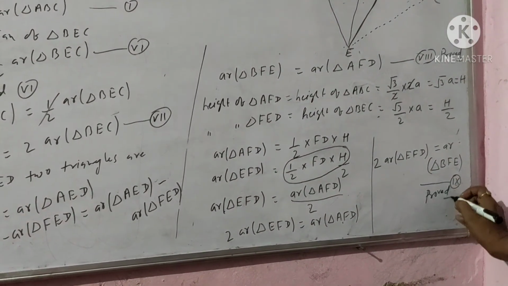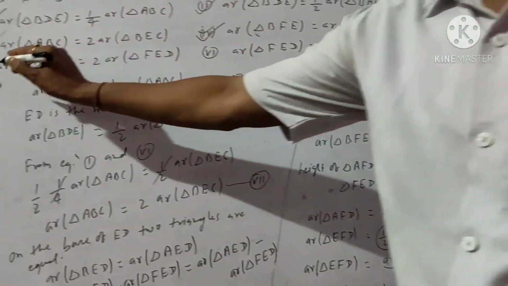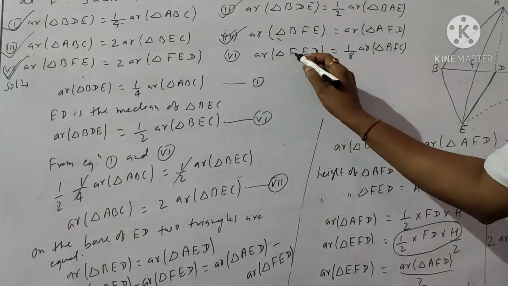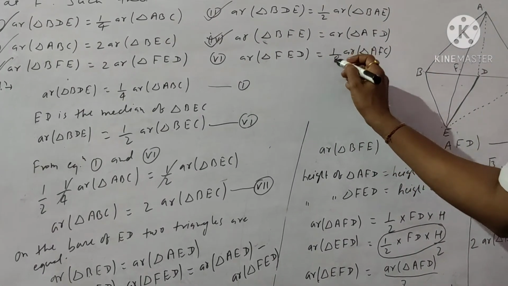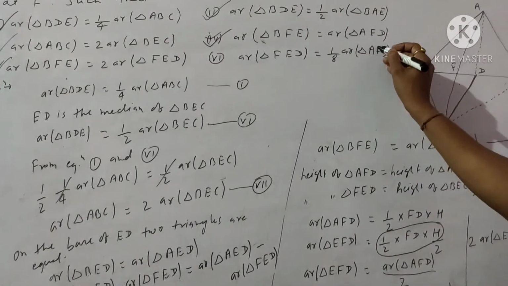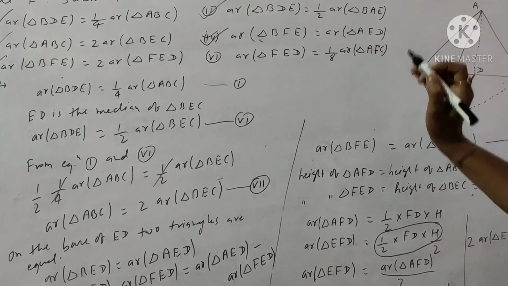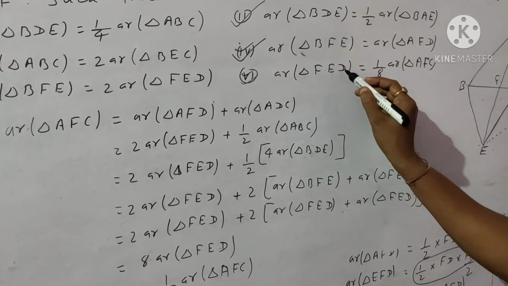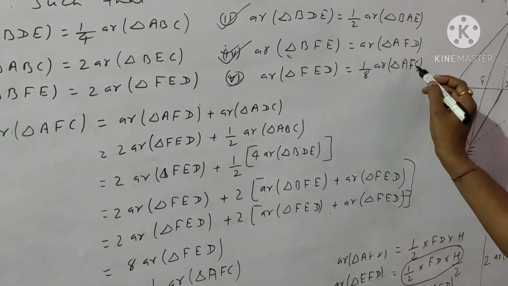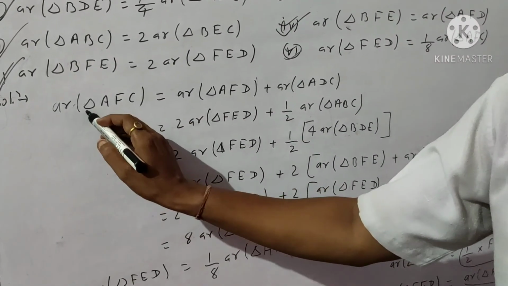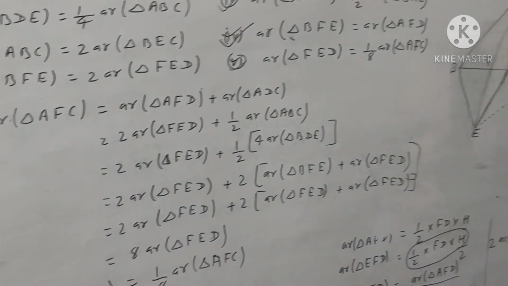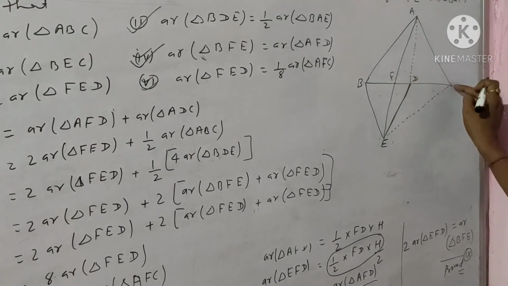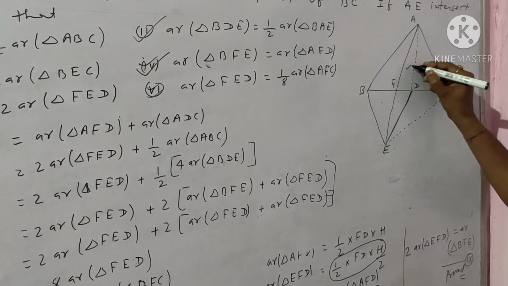Okay student, the last one is area of triangle FED is equal to 1 by 8 area of triangle AFC. Here student, area of triangle AFC is equal to this triangle plus this triangle.